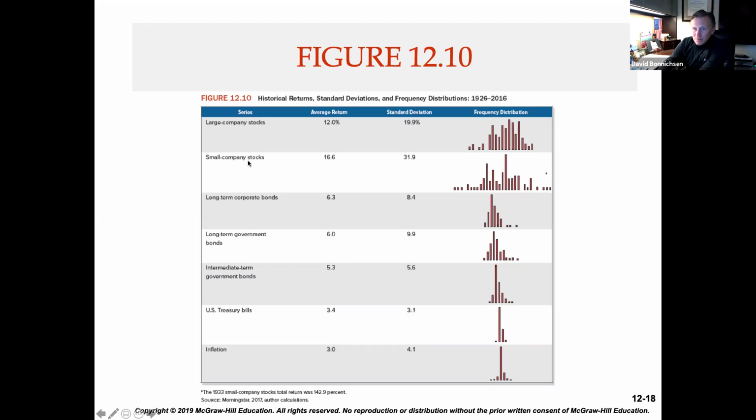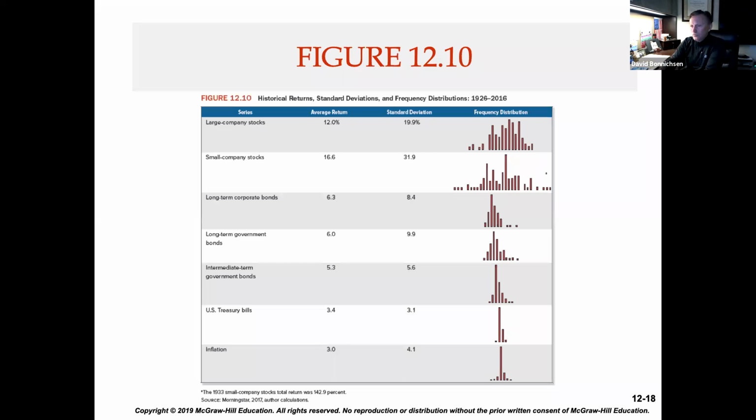But when we look at small cap stocks where the standard deviation is at 32, we can see now we're starting to get some tails, some pretty big losses, some pretty big gains out here to the right side. So the volatility is a measure of the frequency within which the probability that certain returns are going to occur, based upon the historical patterns for the particular investment that you're looking at.